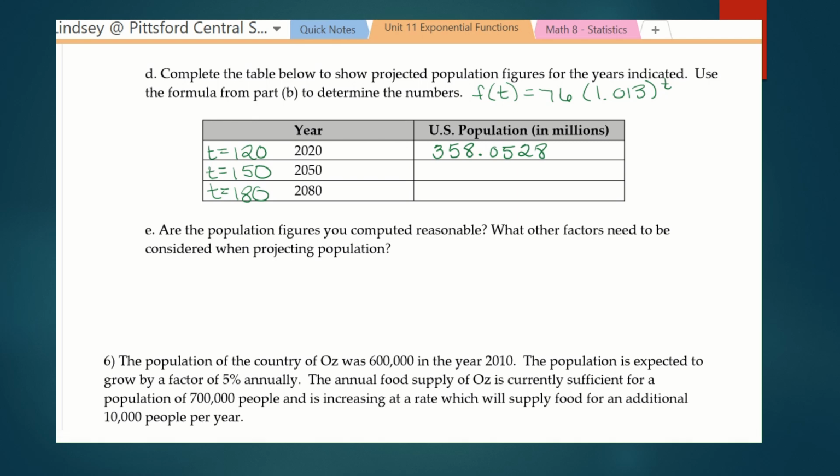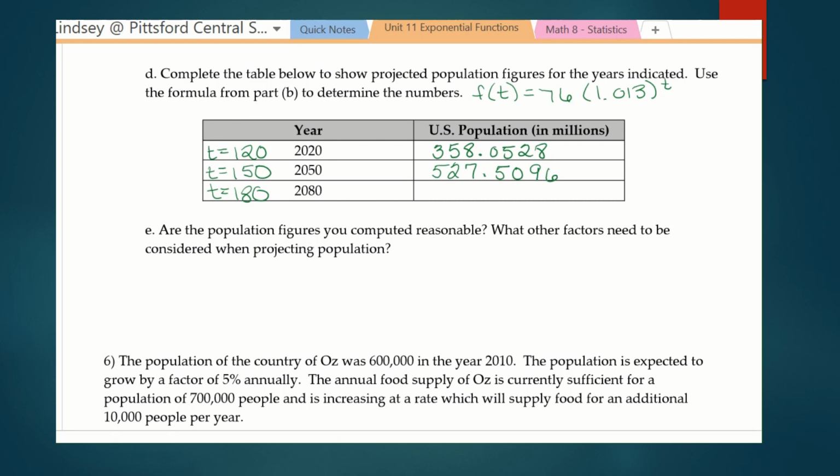Doing the same thing for the next one, 76 times (1.013) raised to the power of 150. That gives us 527.5096.